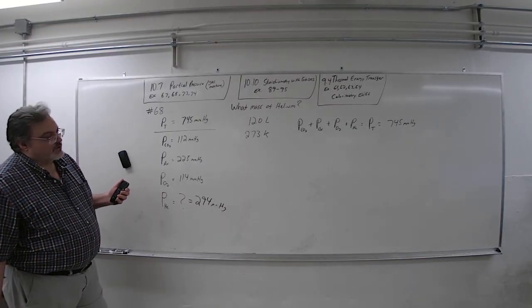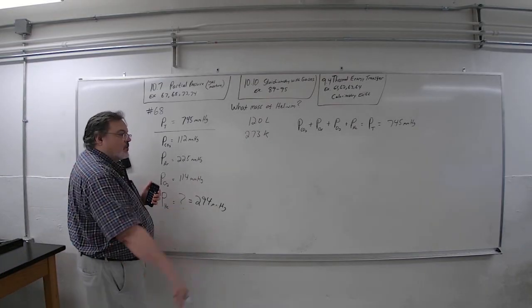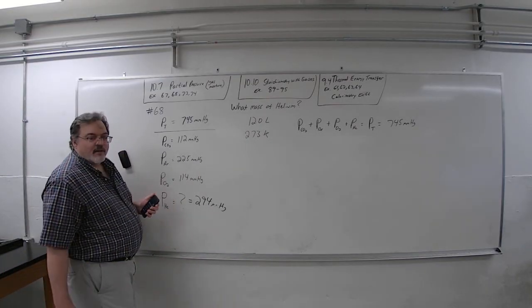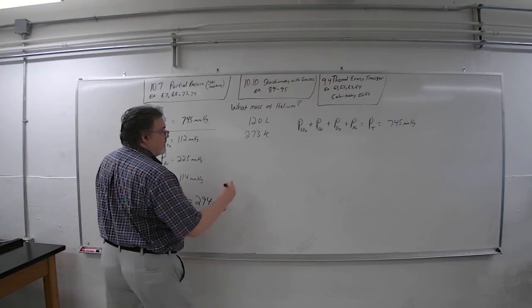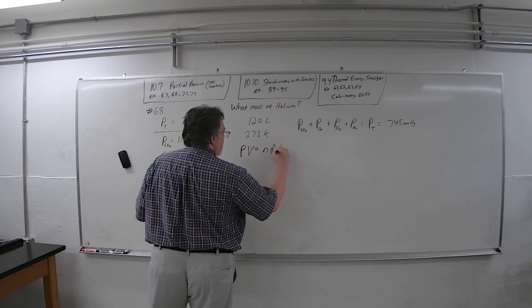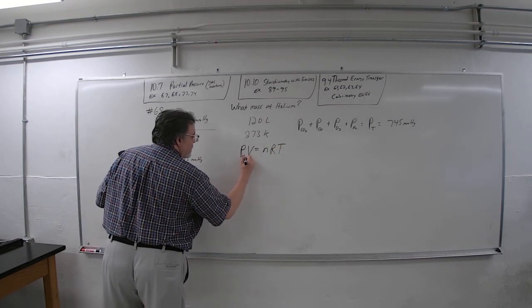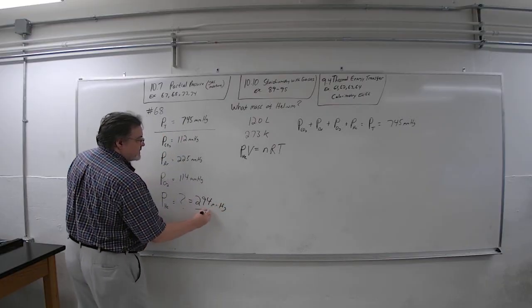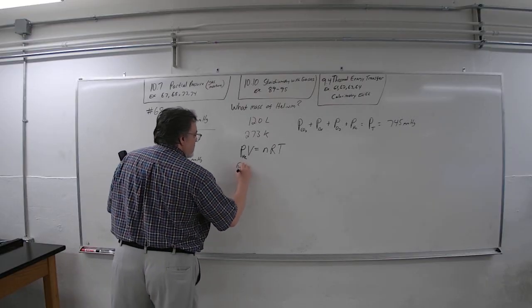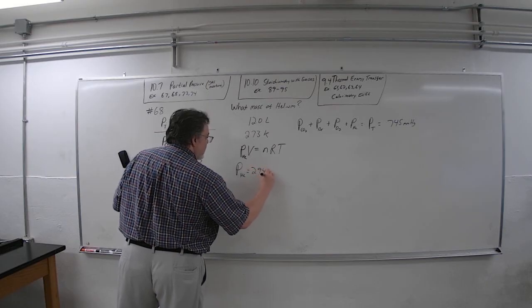What you can do is use PV equals nRT. With this, find the moles of helium, and then from that, calculate the mass of helium. Meaning, I can use the partial pressure here of helium, 294.